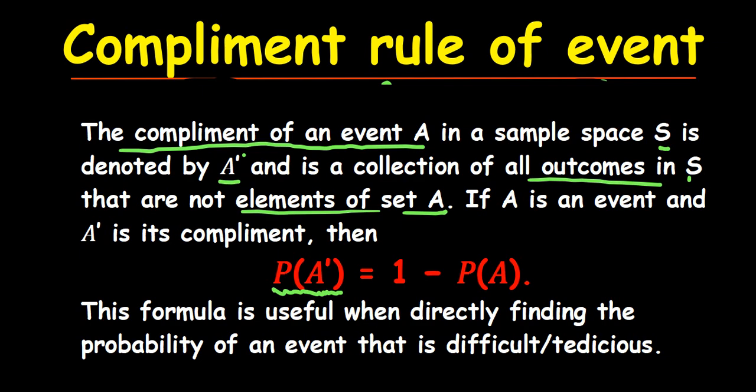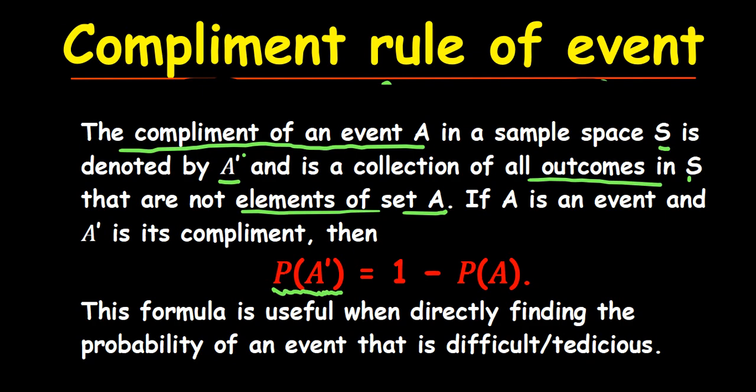All right, so I was explaining that when you want to find the probability of a complement event, the probability of a complement event is just the same as 1 minus the probability of that event happening. Simply meaning that the probability of something not happening is equal to 1 minus the probability of it happening.